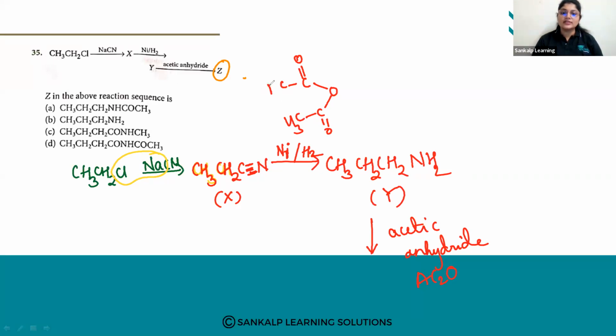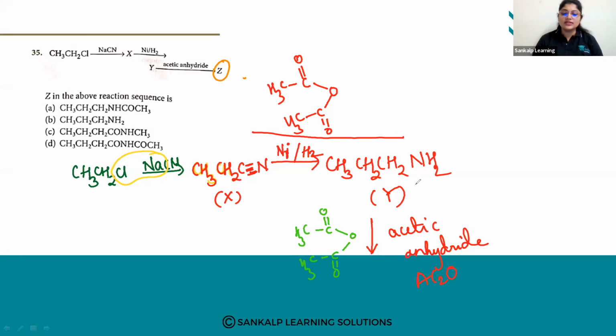Now you are going to add acetic anhydride. What will happen to this structure? Here CH3CH2CH2NH2 is there. Now across this NH2, what will be added? I'll write the structure here: CH3C(=O)OC(=O)CH3.